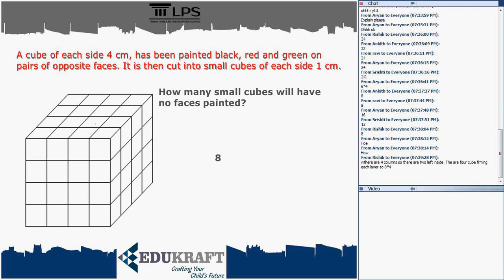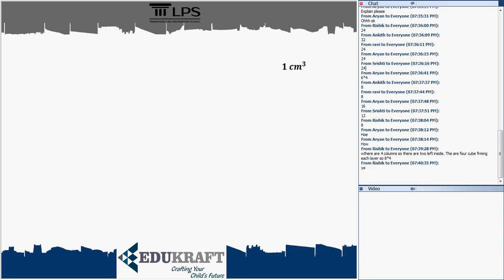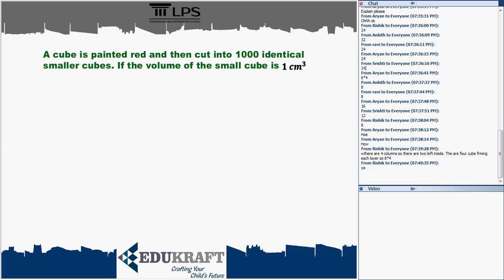Okay. And these cubes, which I am now marking red. So now 8 is the answer. The cube is painted red and cut into 1000 identical small cubes.